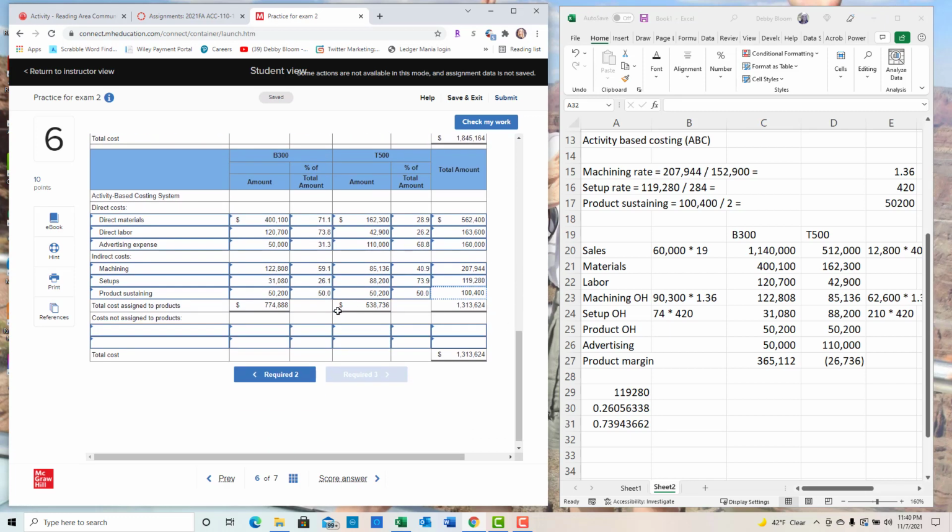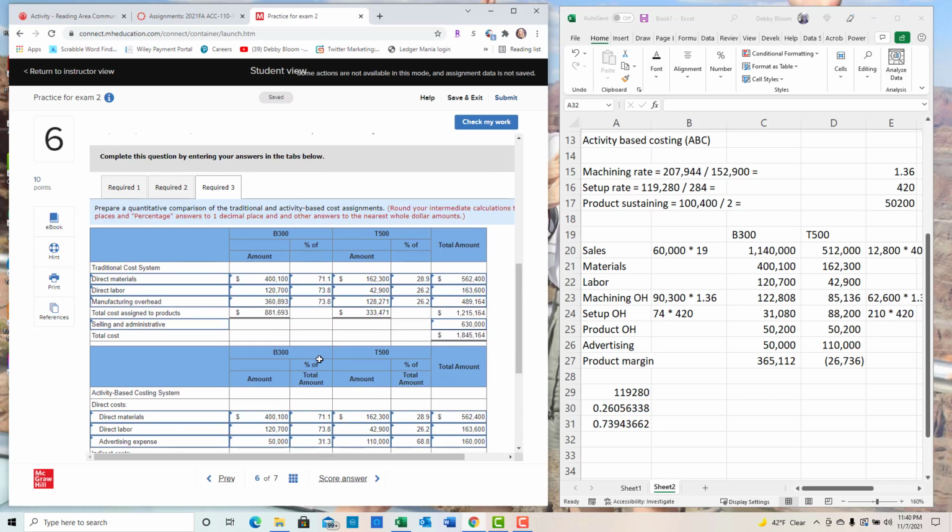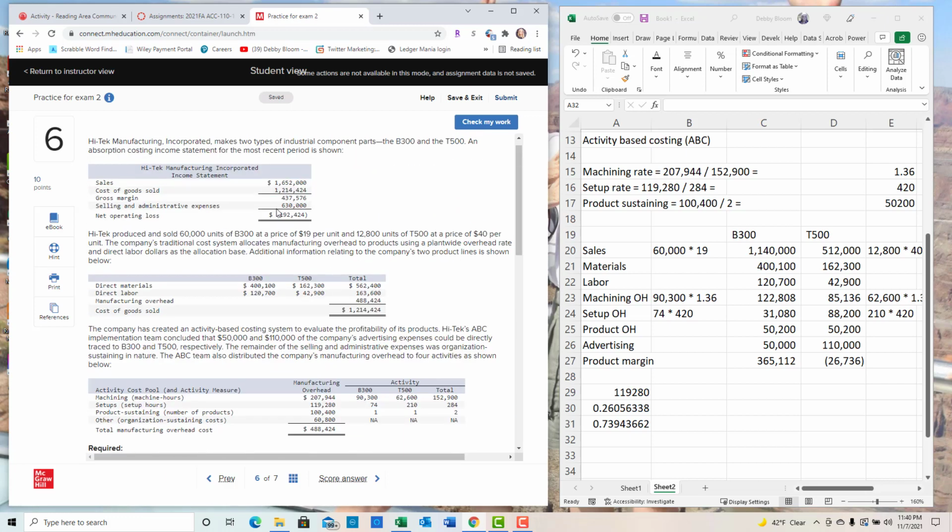Now that we have the total costs, we have to have the cost not assigned to products. And the cost not assigned to products is going to be our selling and administrative. But here we have to be extremely careful because we started off with 630,000, but then we assigned 160,000 of that.